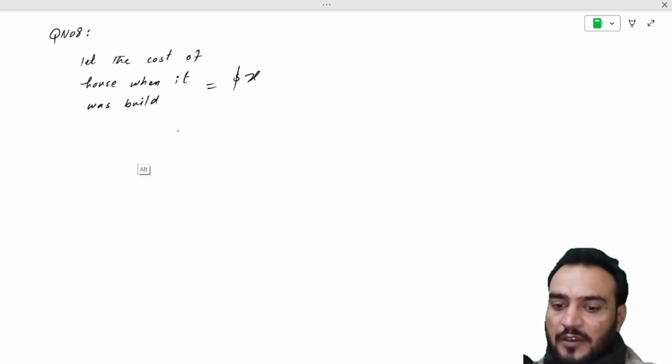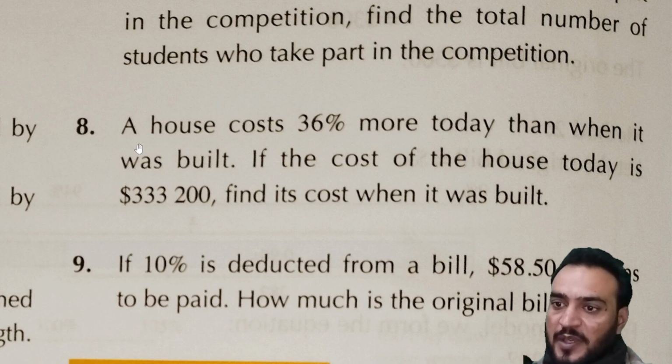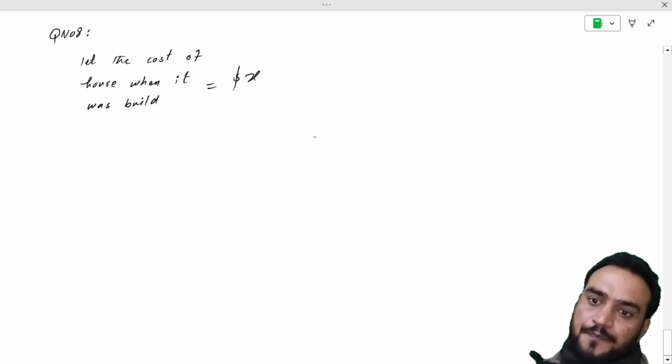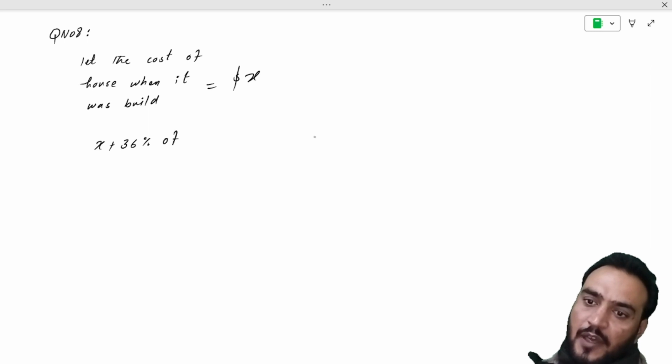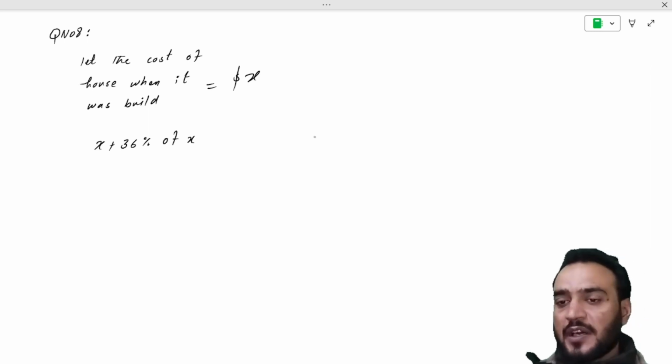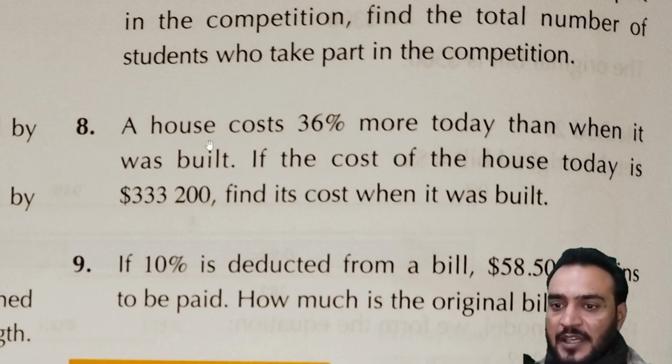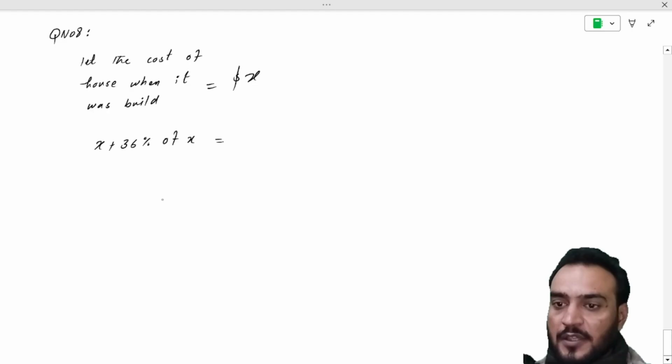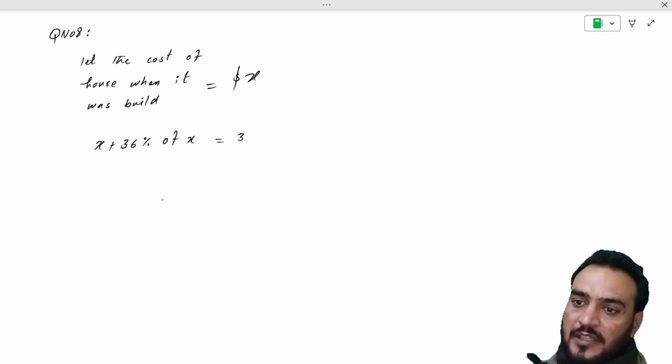So actually there was an increase of 36% to the new value. So x plus 36% of x is the new value. The new value is also given, that is $333,200.